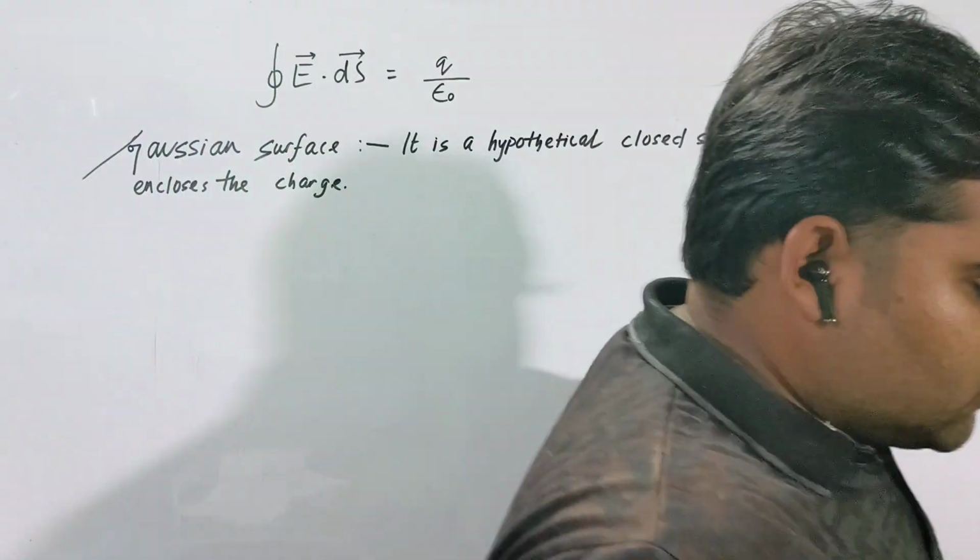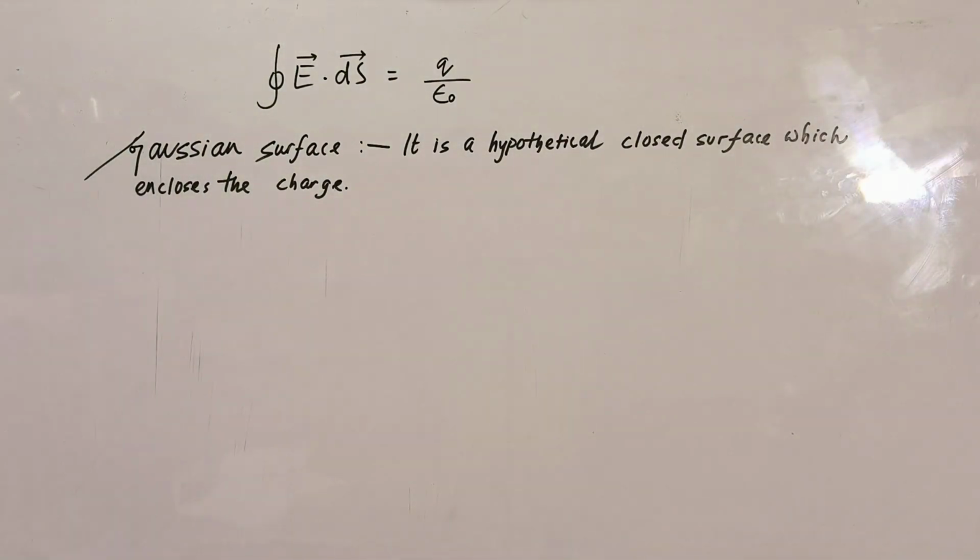Okay, so a Gaussian surface is a hypothetical closed surface which encloses the charge under consideration.